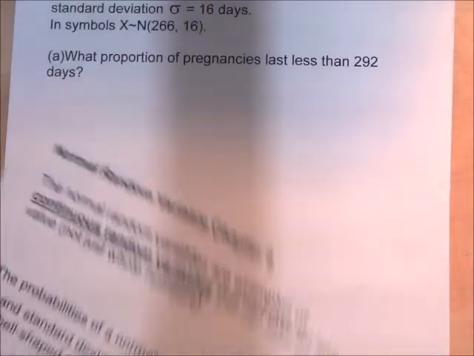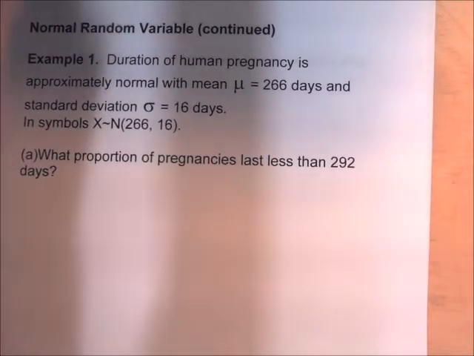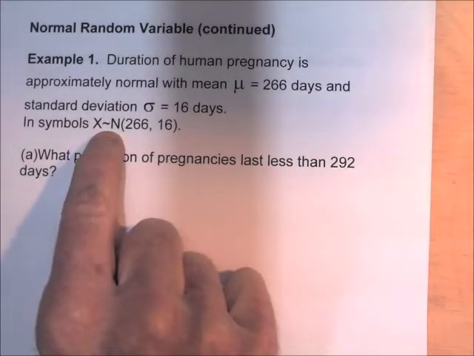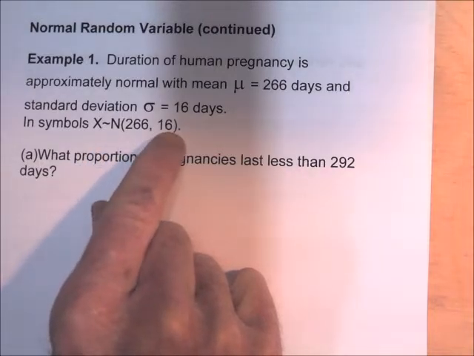Okay, so example 1. The duration of human pregnancy is approximately normal, with mean mu equal to 266 days and standard deviation sigma 16 days. So in symbols, X is distributed N(266, 16).